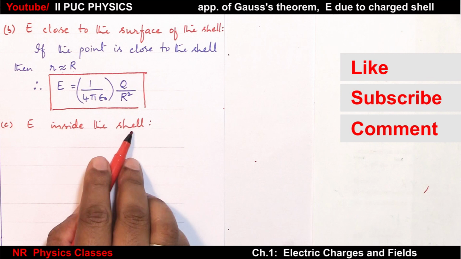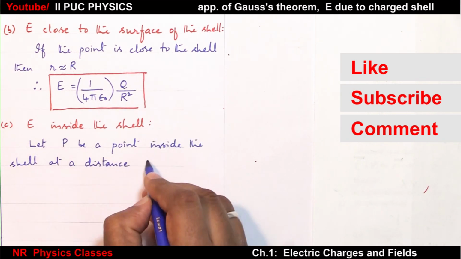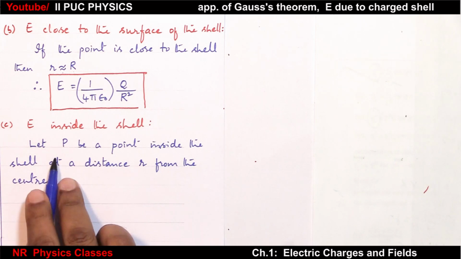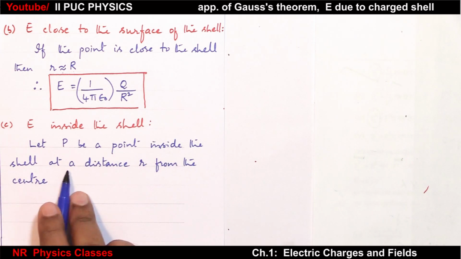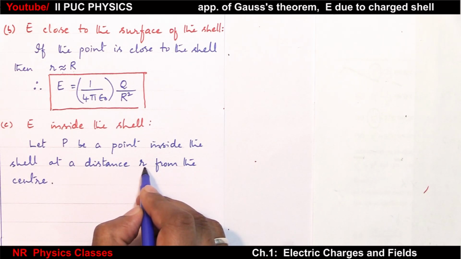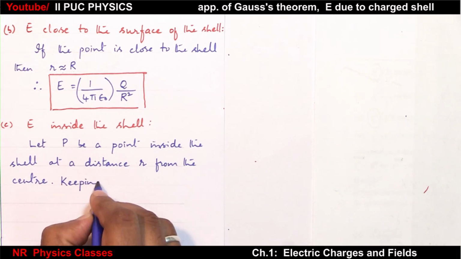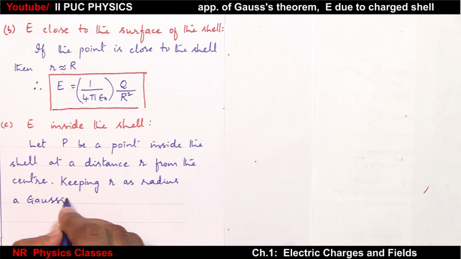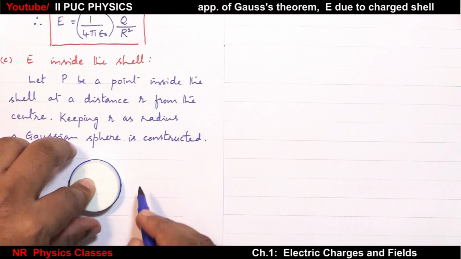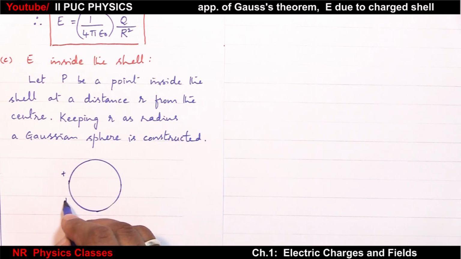Electric field inside the shell. Let P be a point inside the shell at a distance r from the center. As usual, keeping r as radius, a Gaussian sphere is constructed. This is the charged shell.